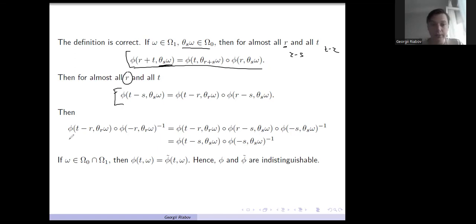Then the composition of phi t minus r theta r omega and phi minus r theta r omega inverse can be written as follows.